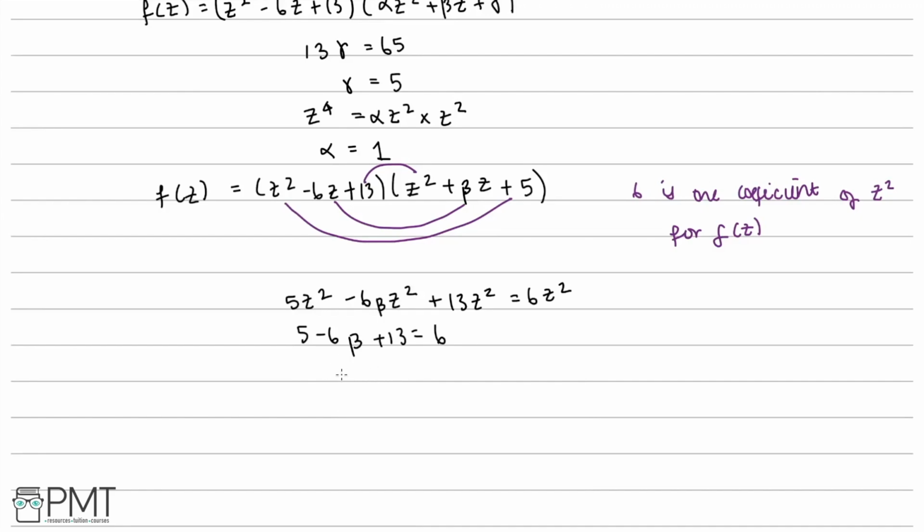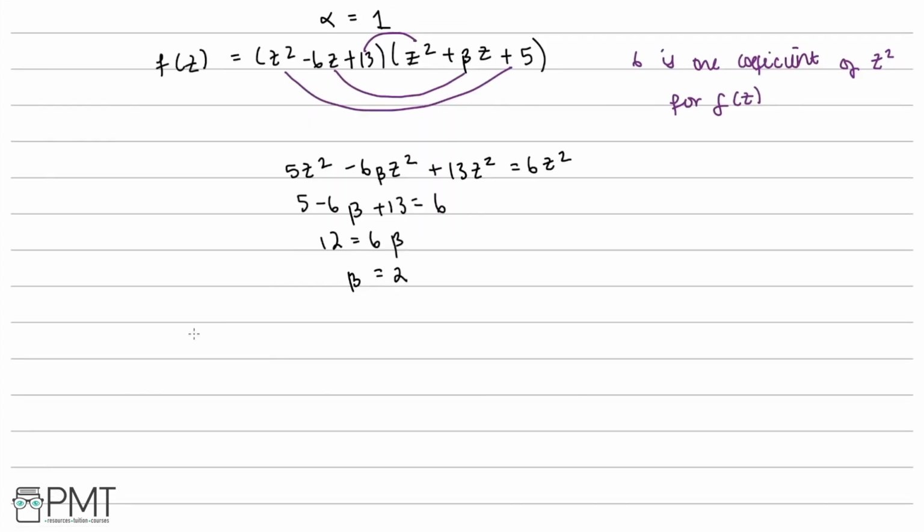So 5 plus 13 will be 18, and 18 minus 6 beta is equal to 6, so 12 is equal to 6 beta, and thus beta is equal to 2. Great, so now we know alpha, beta, and gamma, so we can rewrite f of z completely as z squared minus 6z plus 13 multiplied by z squared plus 2z plus 5.